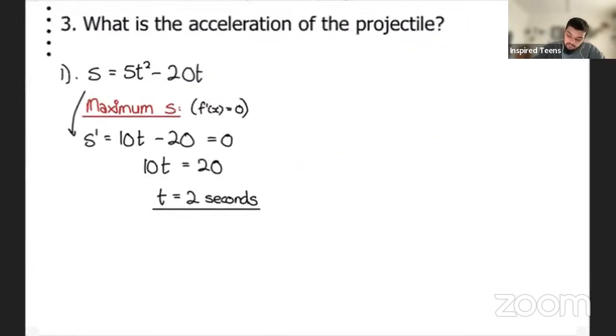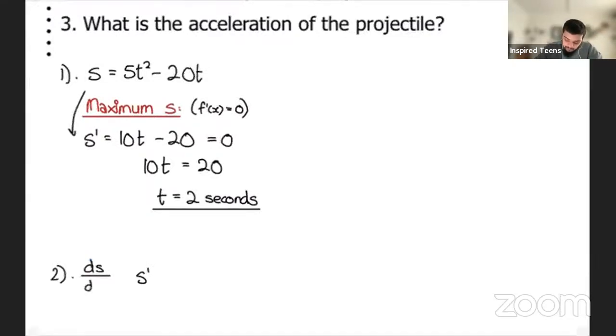So how do we go from displacement to velocity? We derive. Number 2 is answered by finding s prime, which is the derivative of displacement, also equal to ds dt. S is the notation for displacement; you could also use delta x.